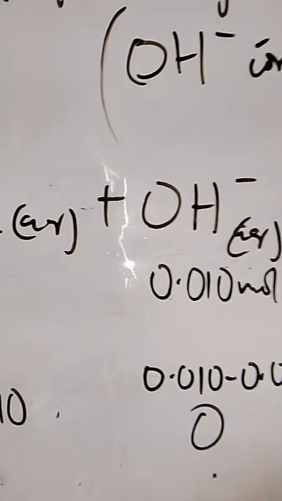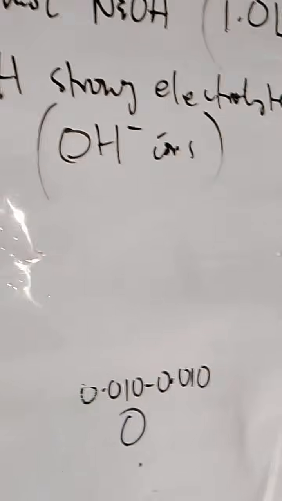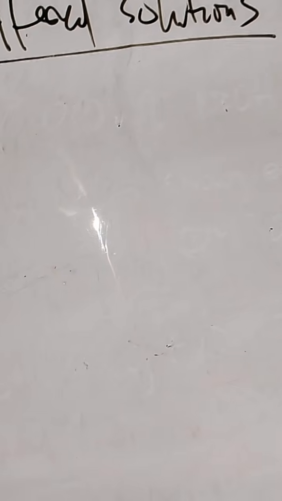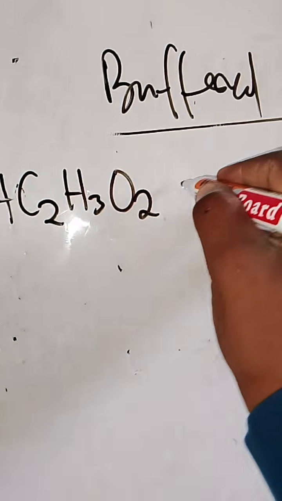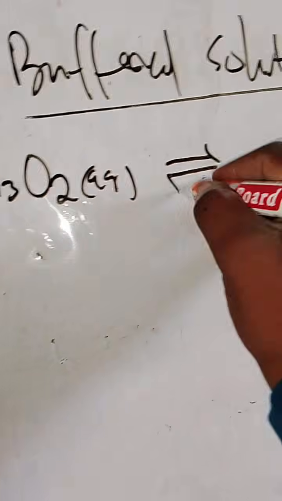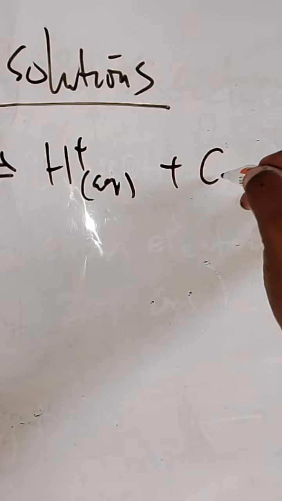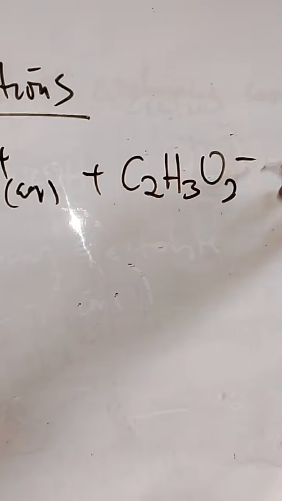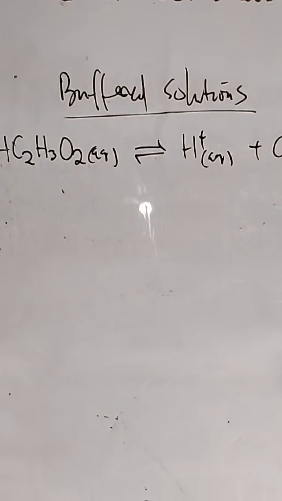Now we are going to write the ICE table. We write the dissociation equation for the acid. Acetic acid will dissociate to form hydrogen ion plus C2H3O2 minus aqueous.